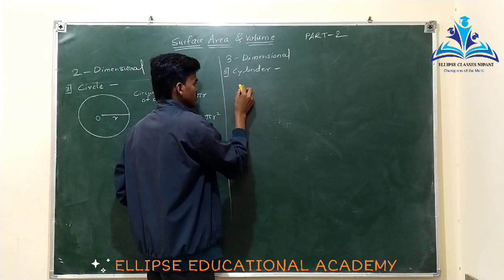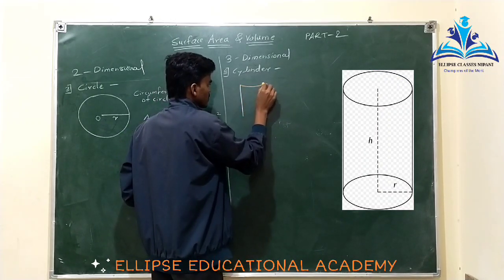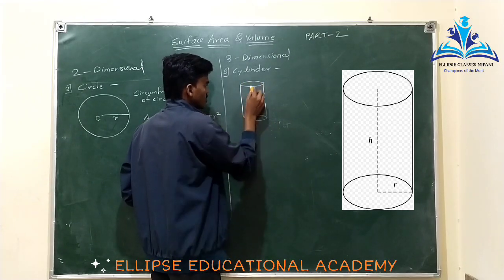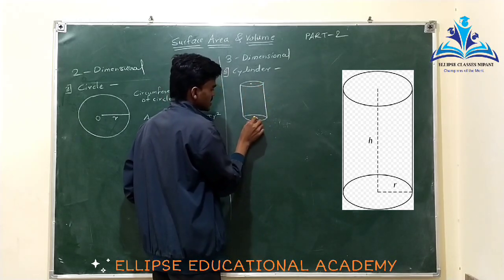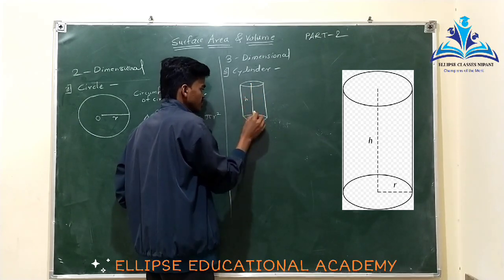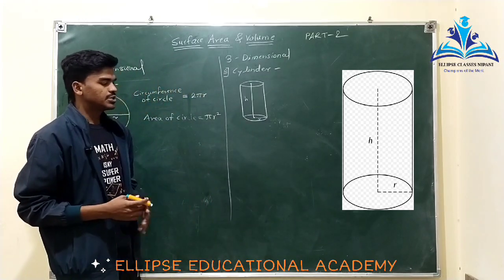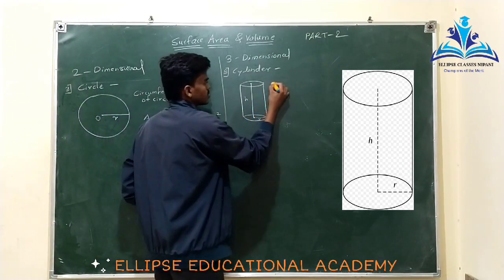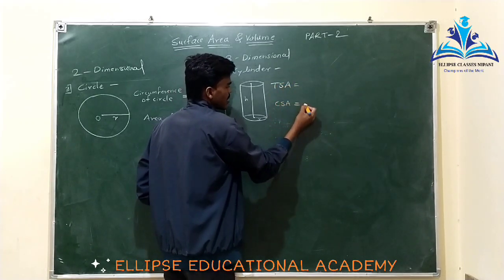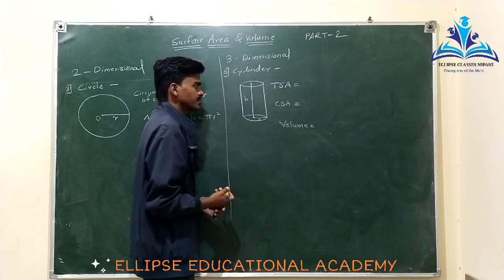Cylinder is nothing but one pipe. This is my height h, this is our radius r. Now we need to calculate the total surface area and curve surface area of this cylinder, as well as the volume of the cylinder.